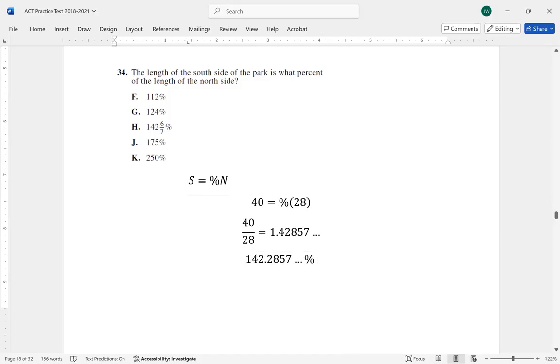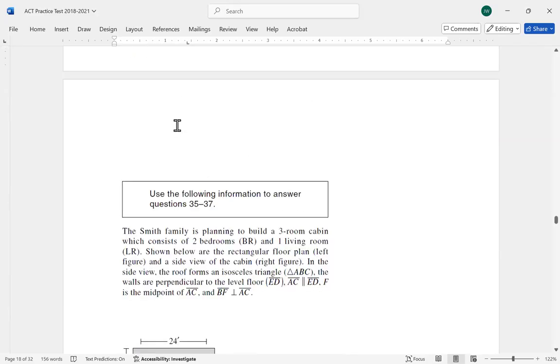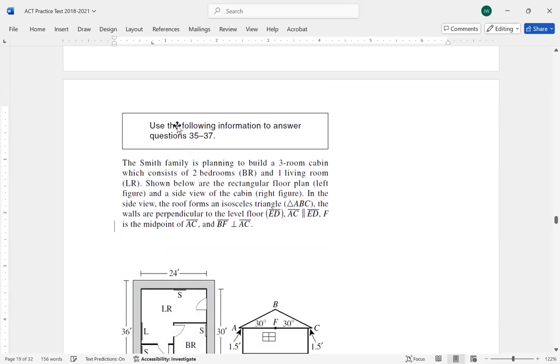And 142 and some change percent. Oh, I apologize, I had an extra 2 in there. 142.857%. That's option H. That's 142 and 6/7. So there we go. The answer to question 34 is H, 142 and 6/7. That's the end of that diagram.